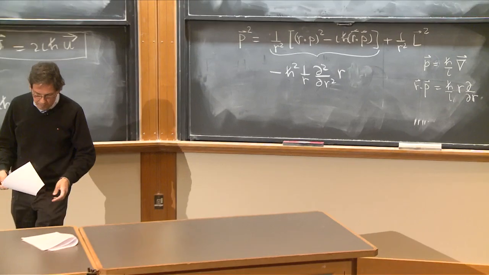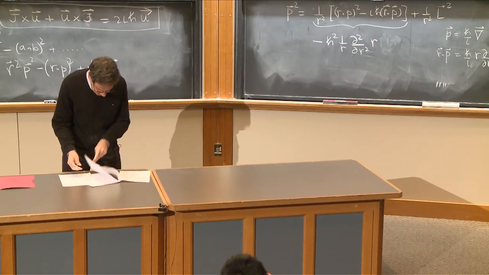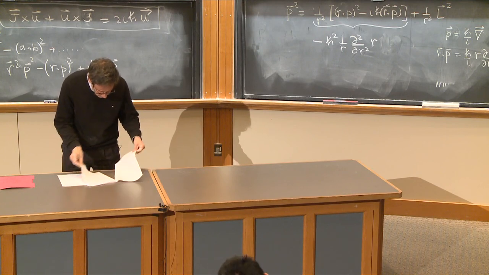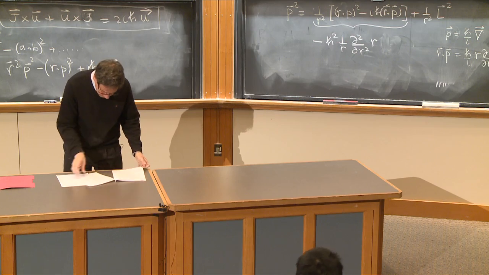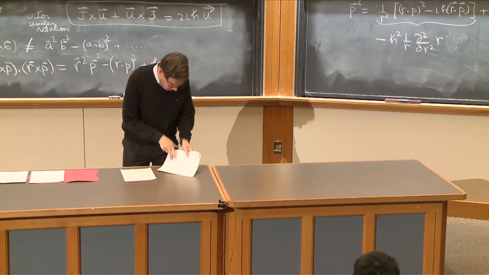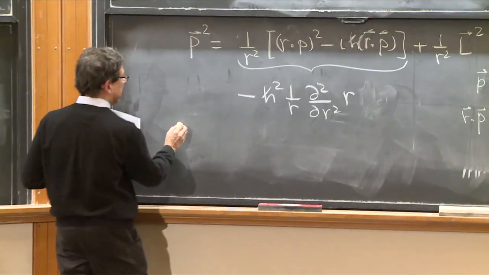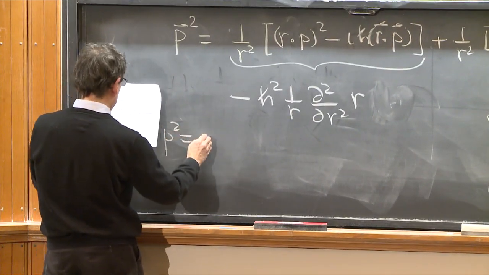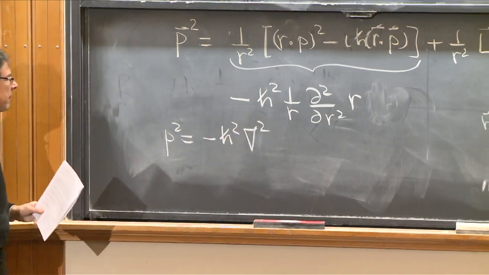There's another formula for P squared. P squared is, of course, the Laplacian. So P squared is also equal to minus h squared times the Laplacian operator.